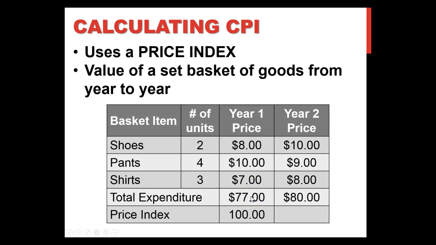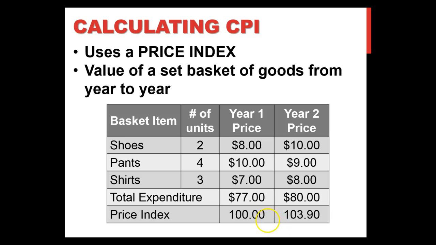To find the index number for year 2, I would take the cost of the basket in year 2, 80, divide it by the cost in the base year, 77, and multiply by 100. In this case, I get 103.9 after rounding.